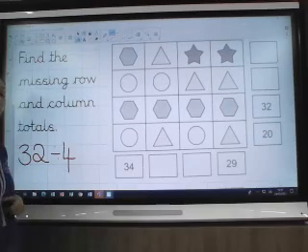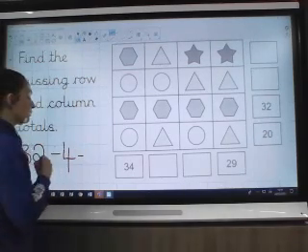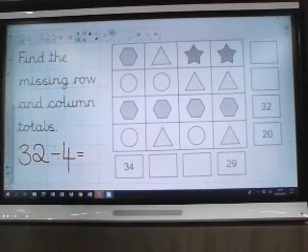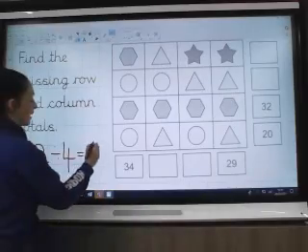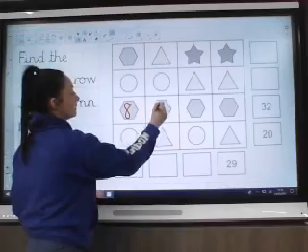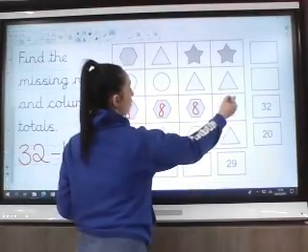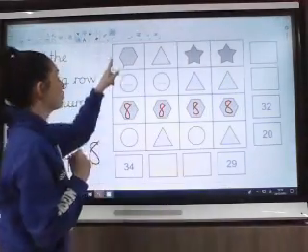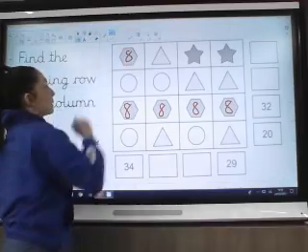Okay, because they are all the same. 32 then divided by 4 is 8, isn't it? 8 times 4 is 32. So I know then that these hexagons are all worth 8. And I've got one up here, so I can pop that in as well.